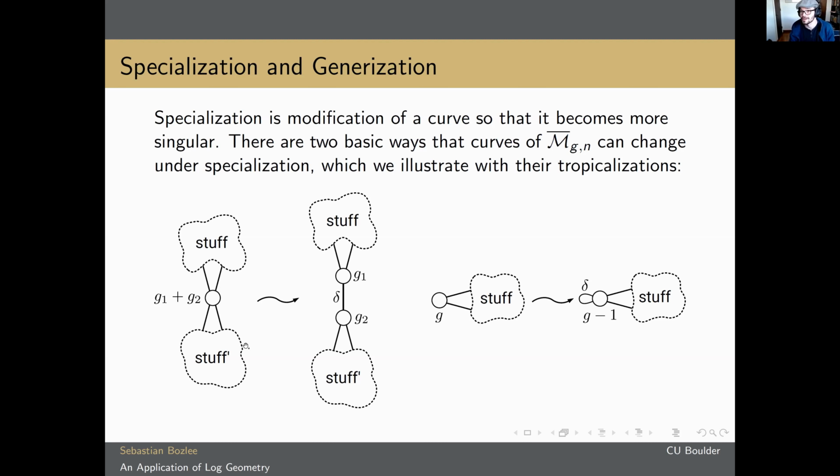So long as we still satisfy the stability condition, the 3 points on genus 0 curves and the 1 point on elliptic curves, we'll be good. The other thing we can do is add a self loop. This loop carries one atom of genus, and so the curve we have left over will lose one piece of genus. This you can always do. You don't have to worry about stability.